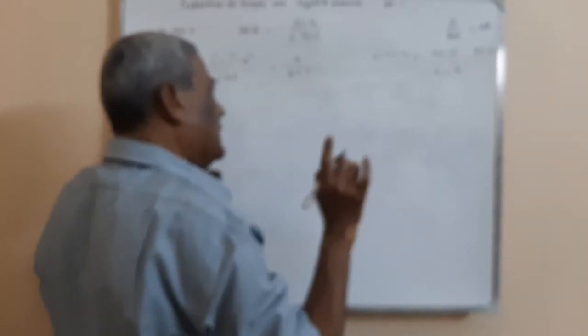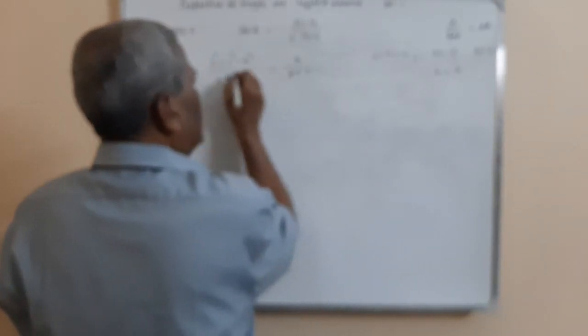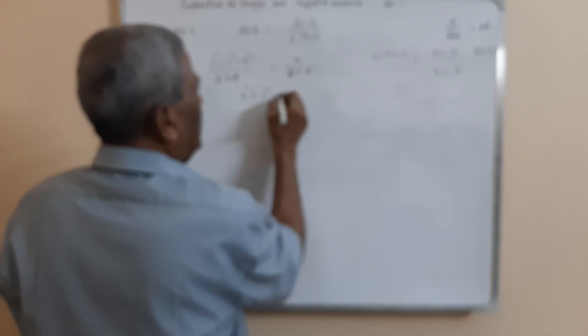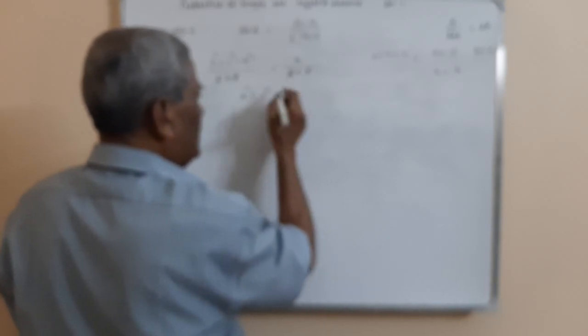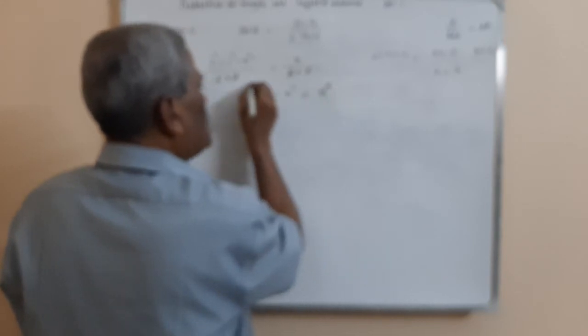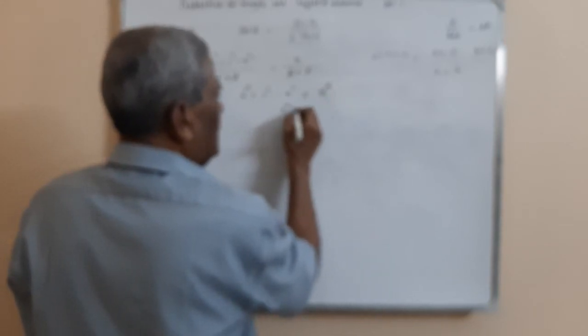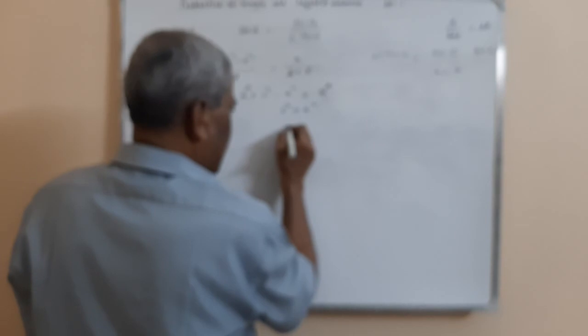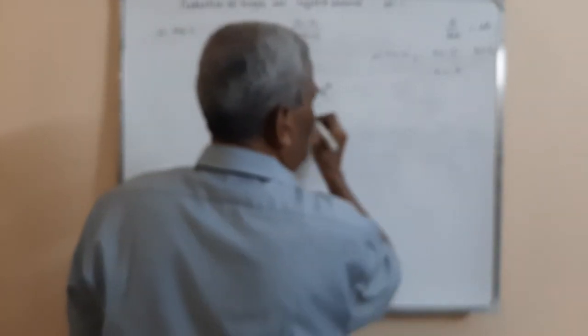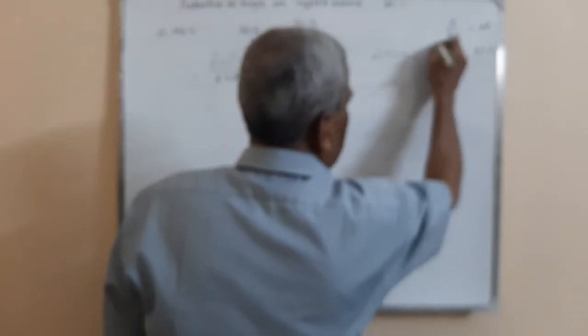These 2R's will cancel. The 2 cancels, c cancels. So we get b square plus c square minus a square is equal to b square. So b square cancels. So c square is equal to a square. So a is equal to c, not plus or minus because sides cannot be negative. So a is equal to c. So option B is correct.